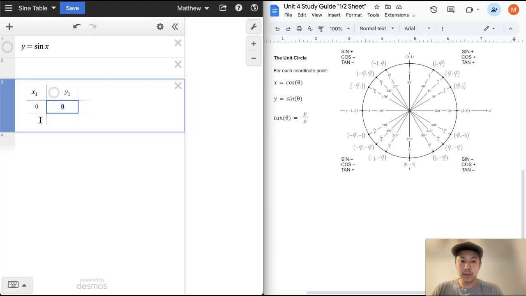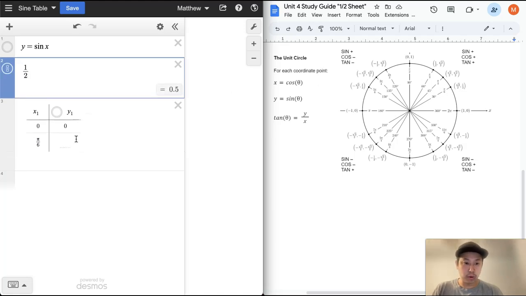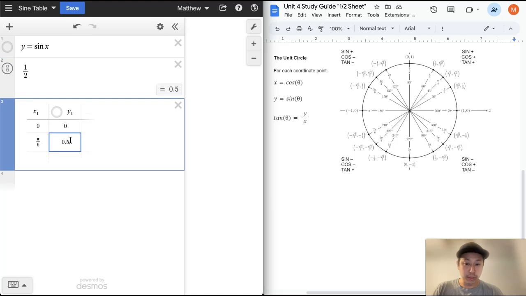Next one, pi over 6. If my input is pi over 6, the output should be the sine, which is the y value, 1/2. We know 1/2 is equal to 0.5. I'm going to start using decimals because it's going to help us graph it a lot more accurately, in my opinion.